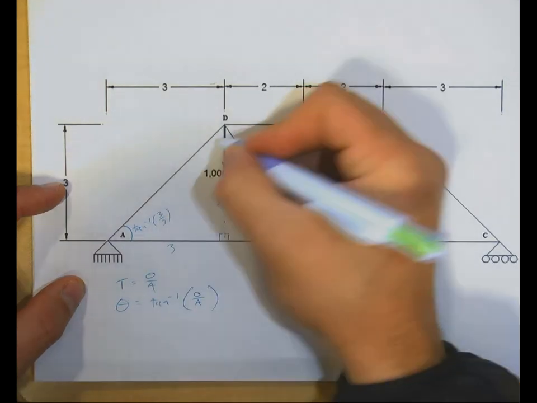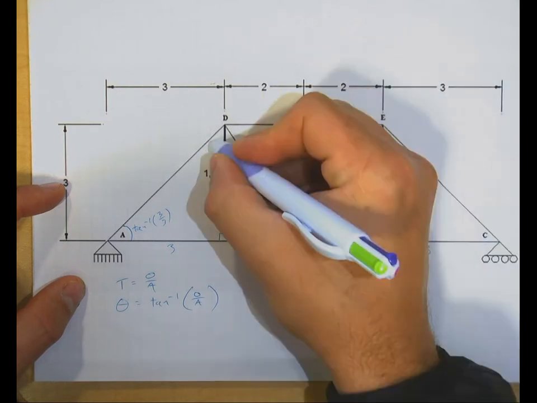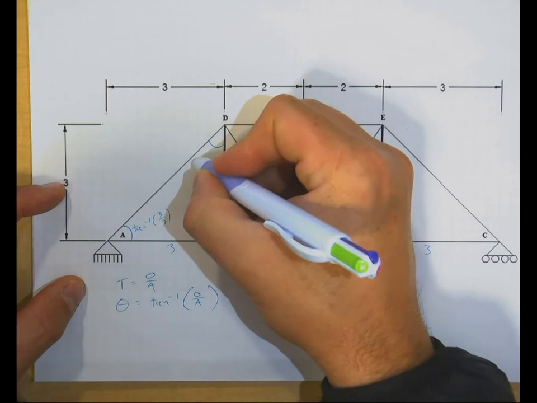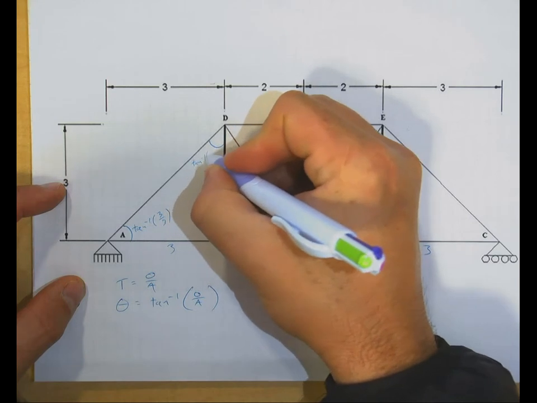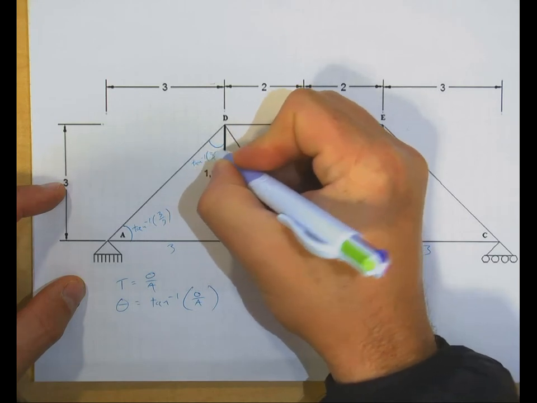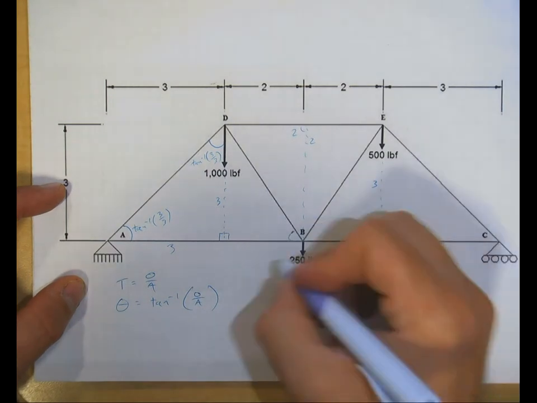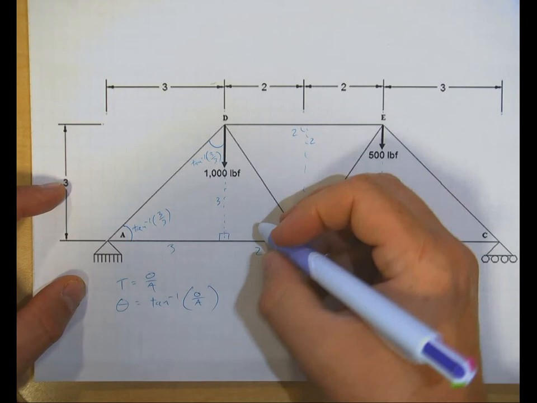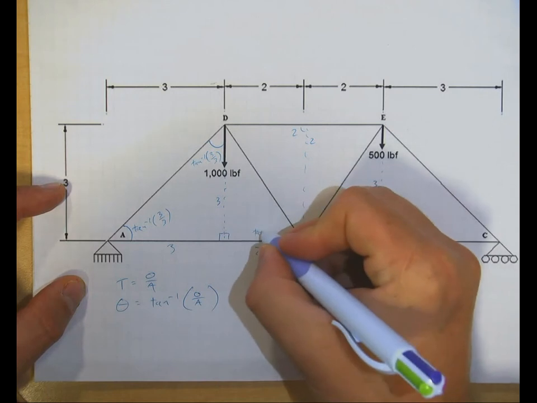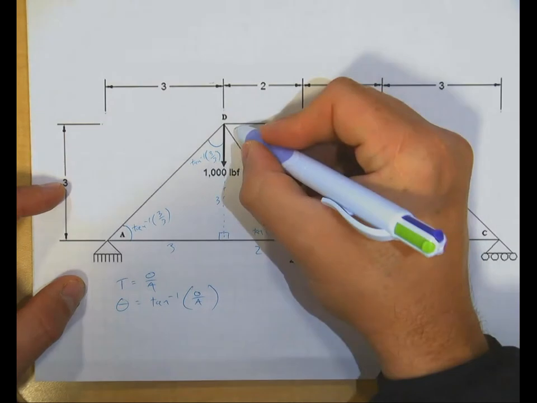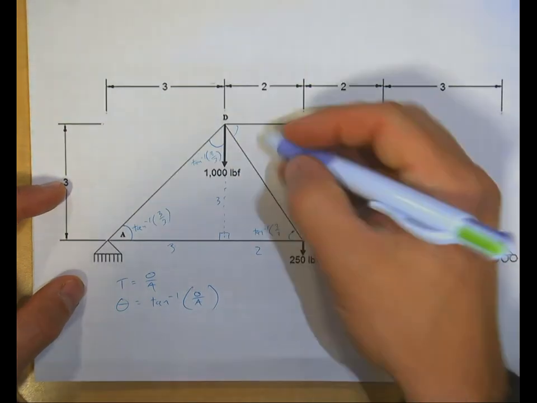This angle is going to be inverse tangent of 3 over 3. This angle is going to be inverse tangent of 3 over 2.